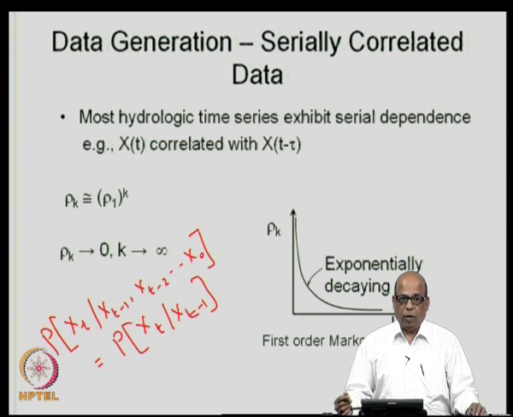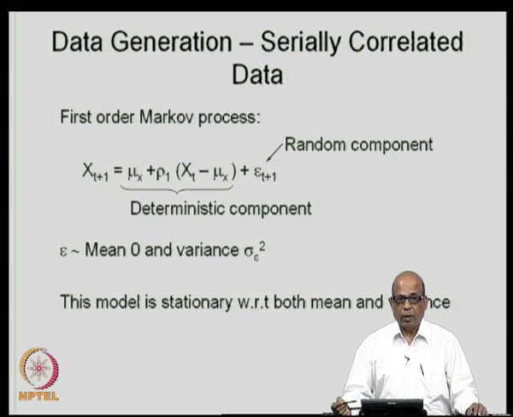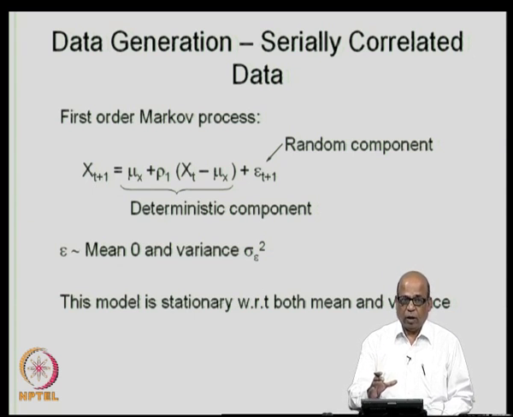In general, in hydrology, we can approximate especially the large time scale processes, for example, monthly stream flows, seasonal stream flows, etc. by the first order Markov process. And we introduce the data generation models for the first order Markov processes as indicated here. So, essentially, let us say we are looking at the annual stream flows.